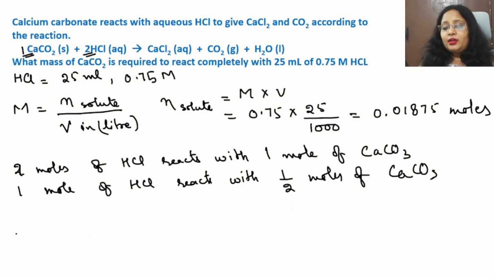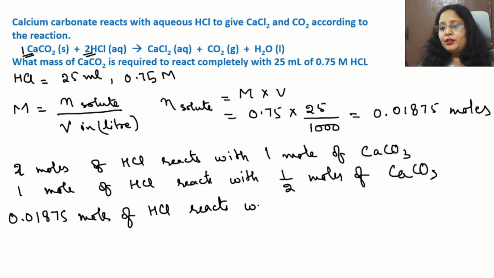In the same way, if we have 0.01875 moles of HCl, it reacts with 0.01875 divided by 2 moles of calcium carbonate.